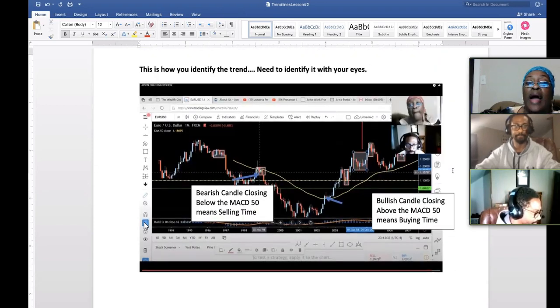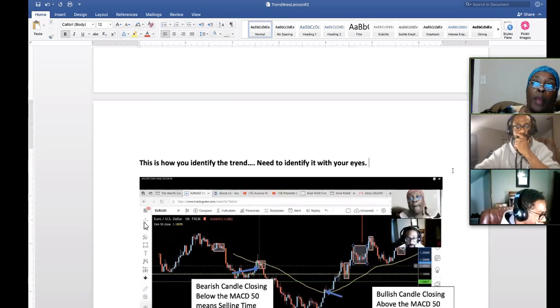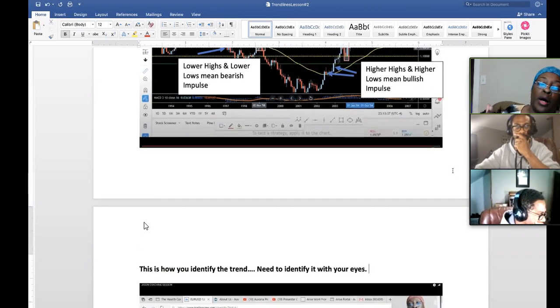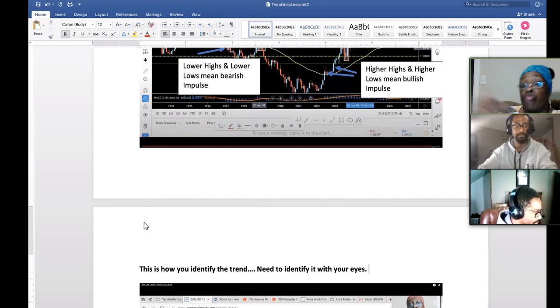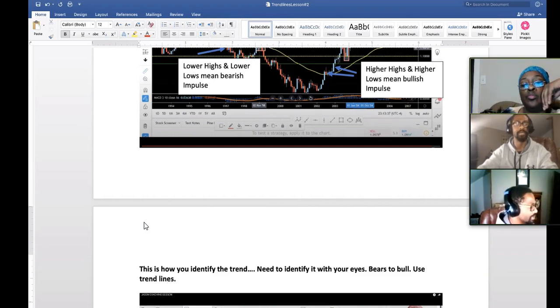What helps guide you when it's breaking out from a bearish trend to a bullish trend is using your trend line, so you can see the break of the higher highs and higher lows, or vice versa. Bulls run under, meaning the trend line is below, and bears on top, above.